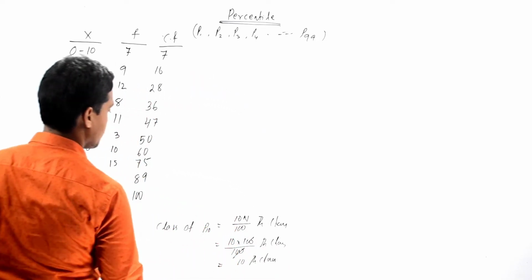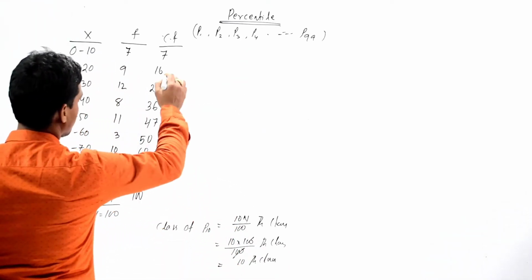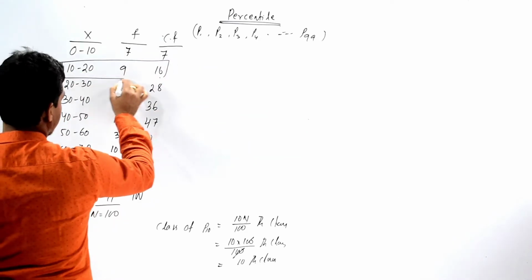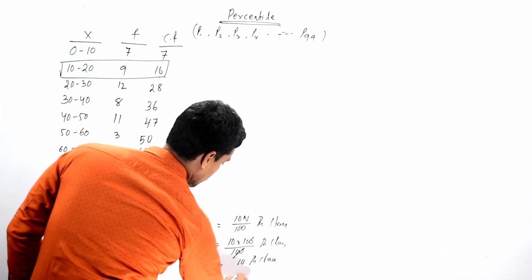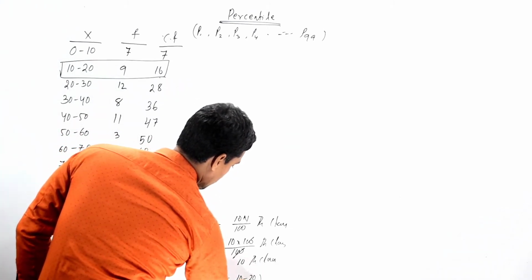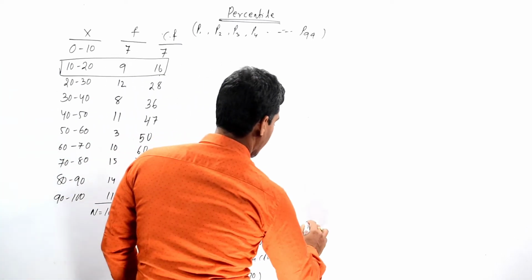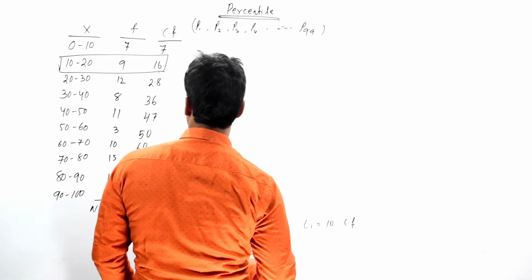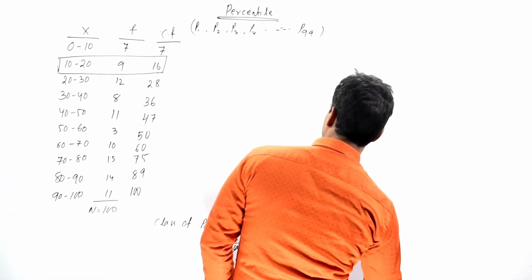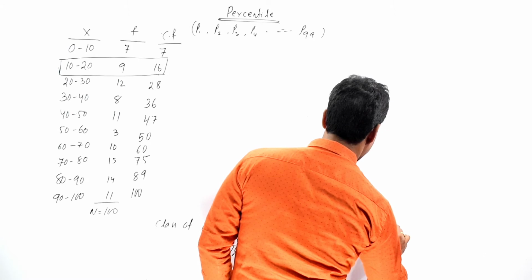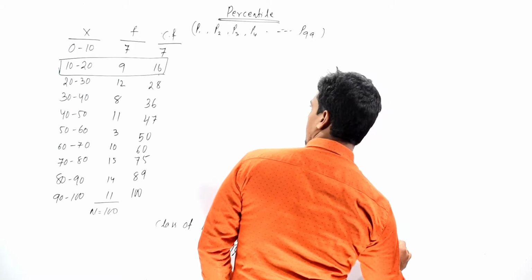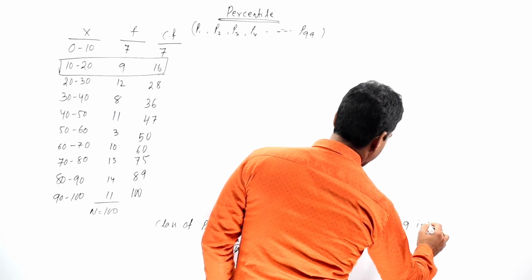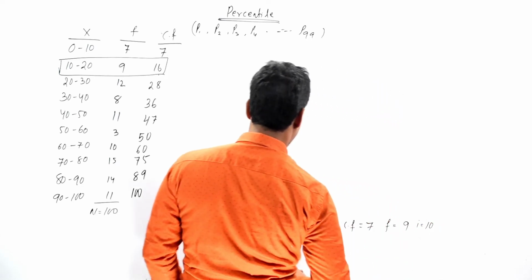As 10 comes within 16, our percentile class is 10 to 20. Here L1 equals 10, CF, the cumulative frequency preceding the percentile class, is 7, F, the frequency of the percentile class, is 9, and I, the class interval, is 10.